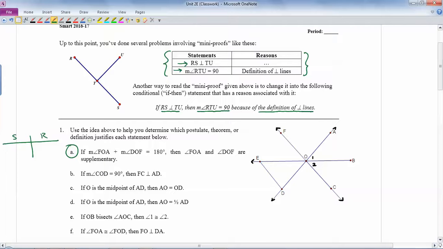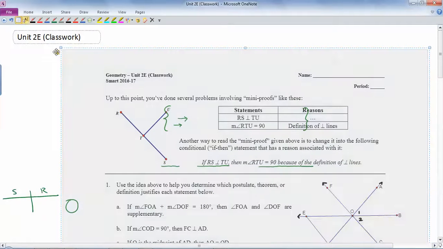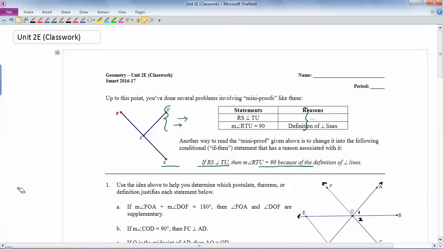Let me move this page over first so I've got more room.